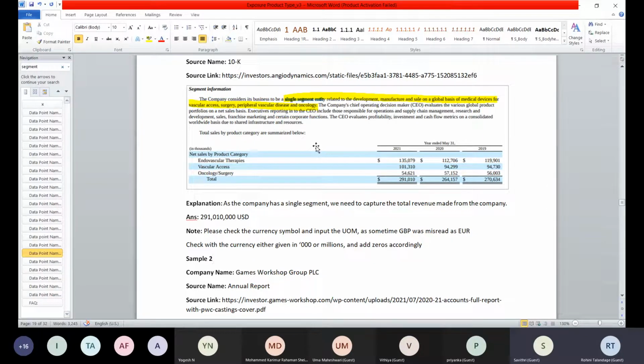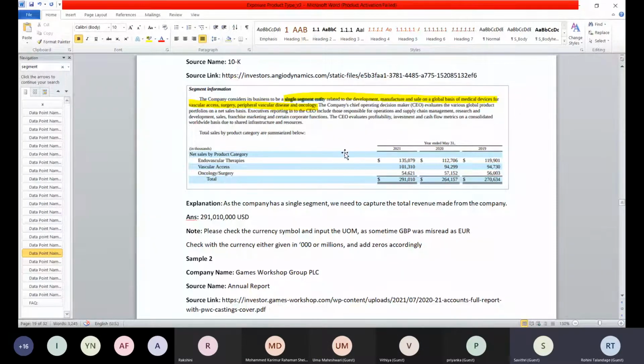In this you will get the balance sheet or income statement or profit and loss statement. So you can just cross check the business revenue amount with the income statement or profit and loss account statement.